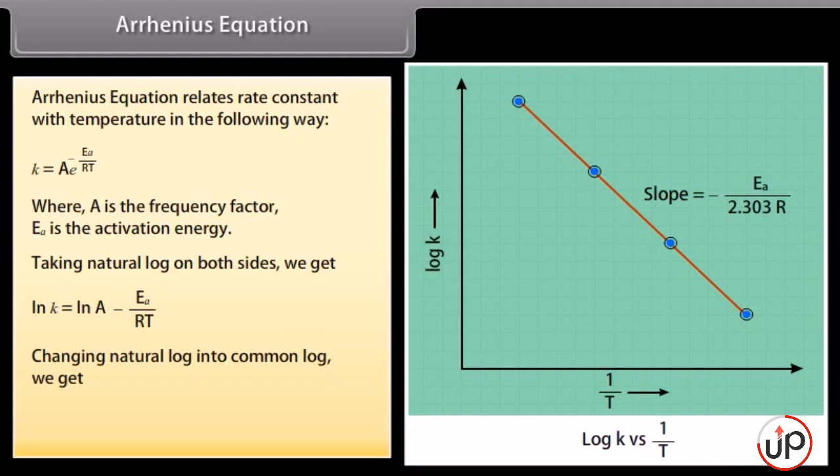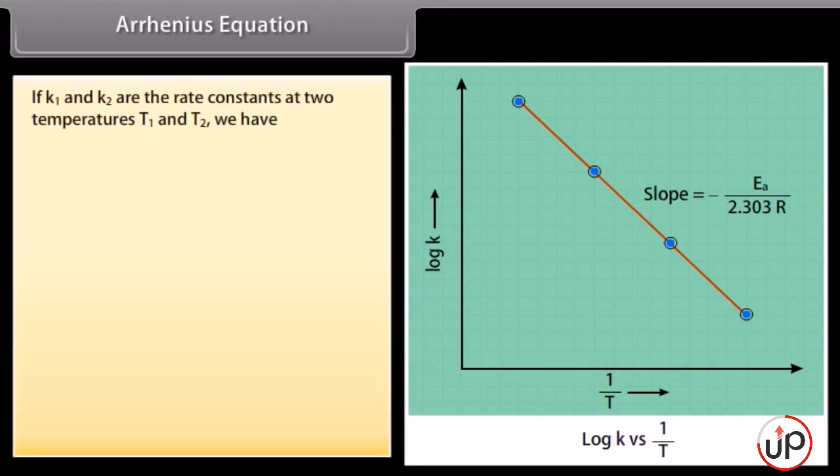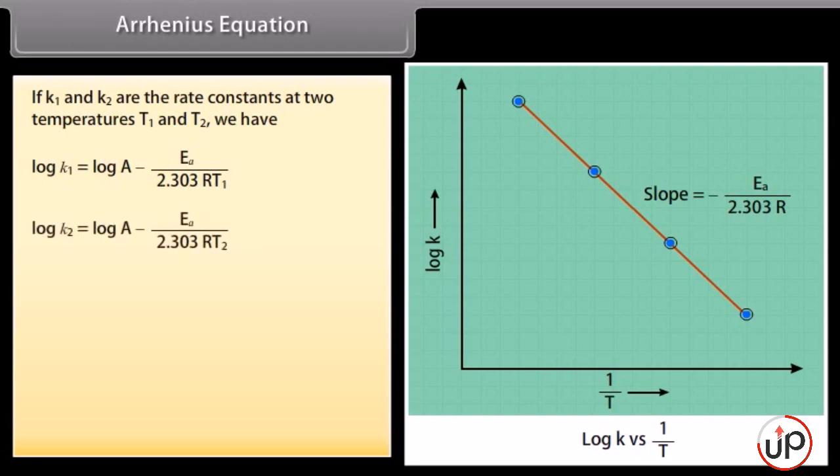Changing natural log into common log, we get log K = log A - Ea/(2.303 RT). If K1 and K2 are the rate constants at two temperatures T1 and T2, we have log K1 = log A - Ea/(2.303 RT1) and log K2 = log A - Ea/(2.303 RT2).